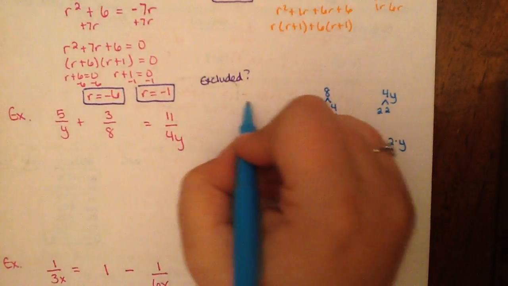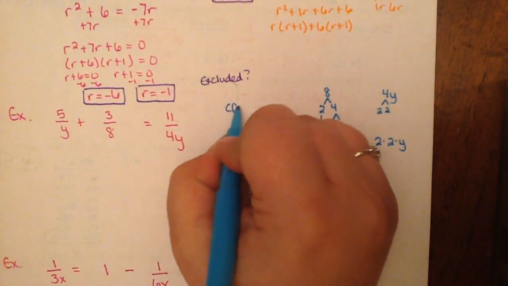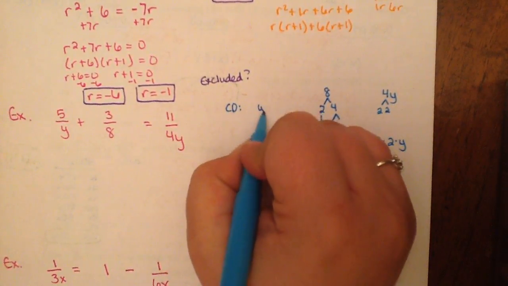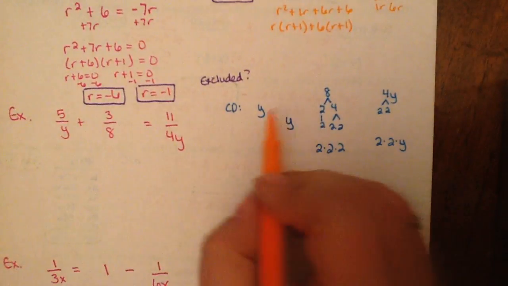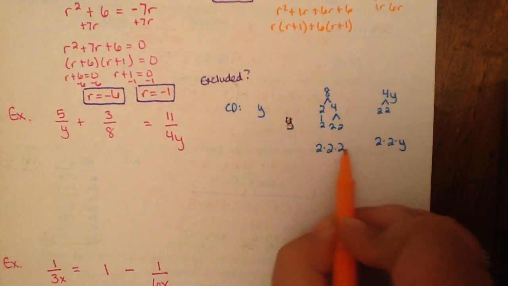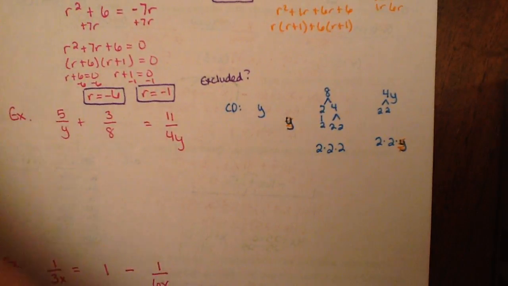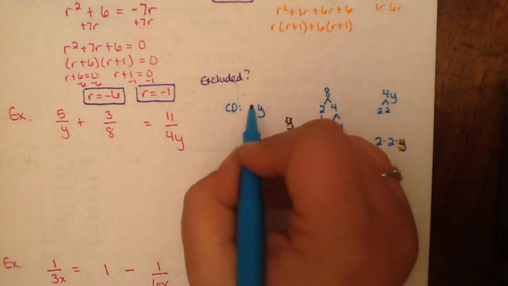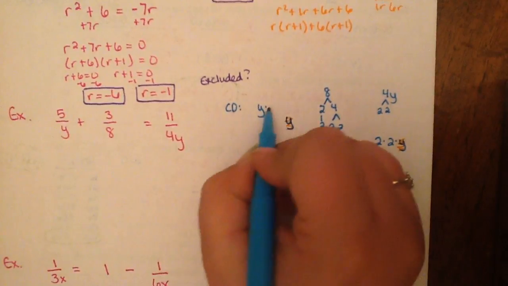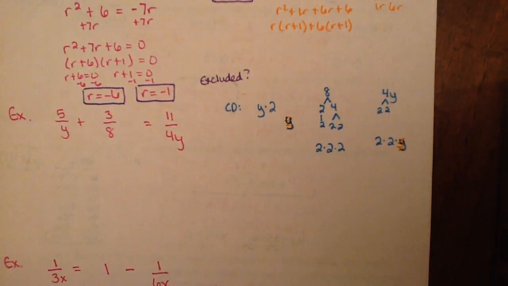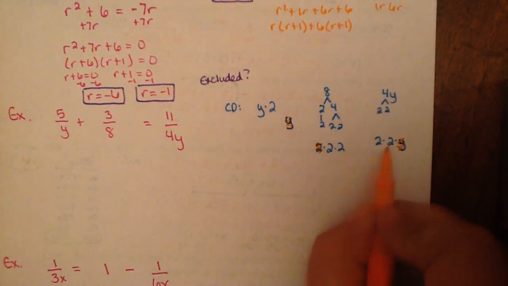So to get my common denominator, I'm going to start off with this y. Okay, so I've used a y from every term. So I'm going to cross off every term's one y. Now my next thing in my common denominator is a 2. So I'm going to scribble out a 2 from each term.